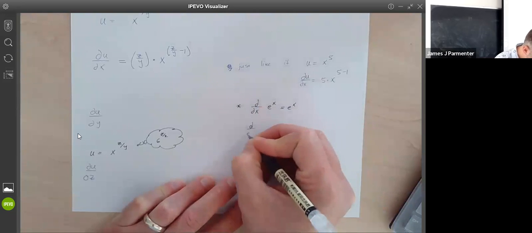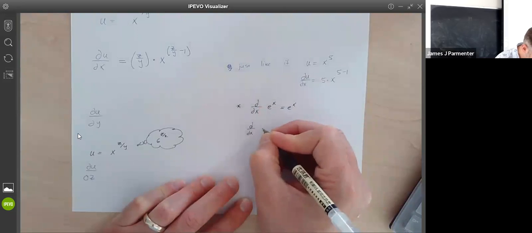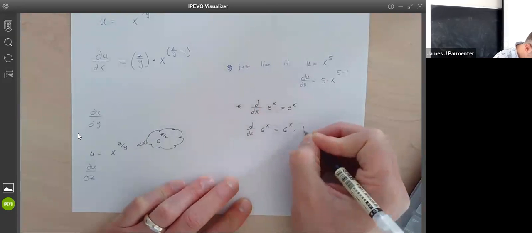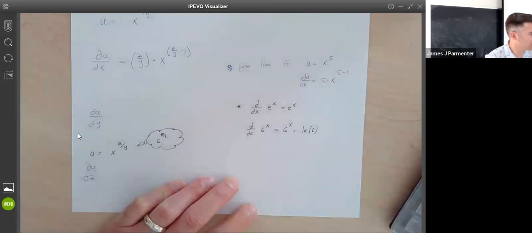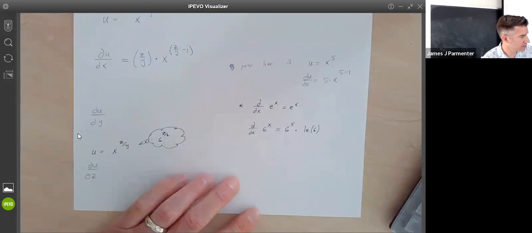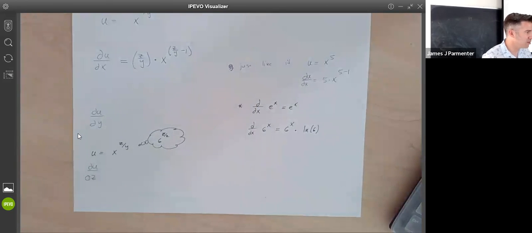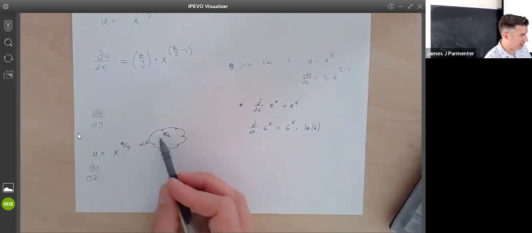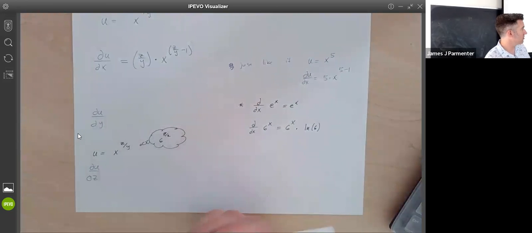If you're taking the derivative of a different base to the x, like 6 to the x, it's 6 to the x times the natural log of 6. That's the rule we have to apply here, because we have an exponential function.